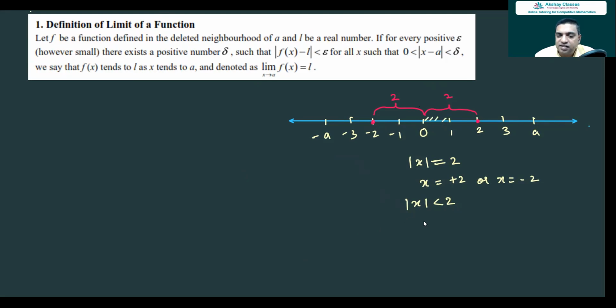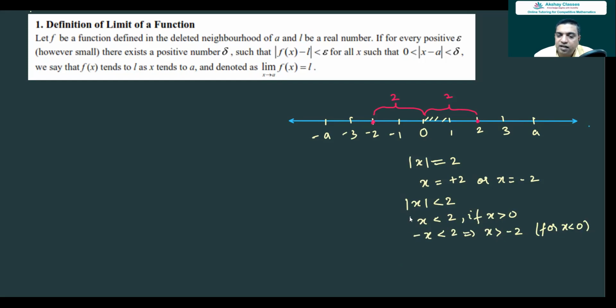So when x is greater than 0, mod x is replaced by x if x is greater than 0. And if x is less than 0, mod x will be minus x, which implies x is greater than minus 2 for x less than 0. All right.